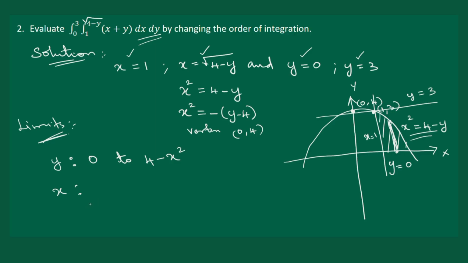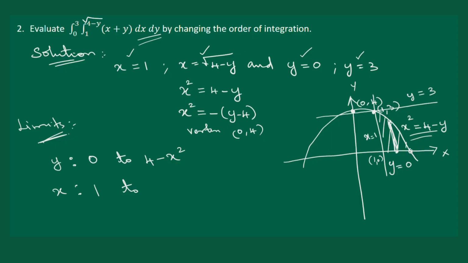Similarly, what about the limit for x? We have to move this vertical strip from left to right. Left means it starts from 1, and to the right it moves on like this till this point. This point is x is equal to 1, which is 1 comma 0.